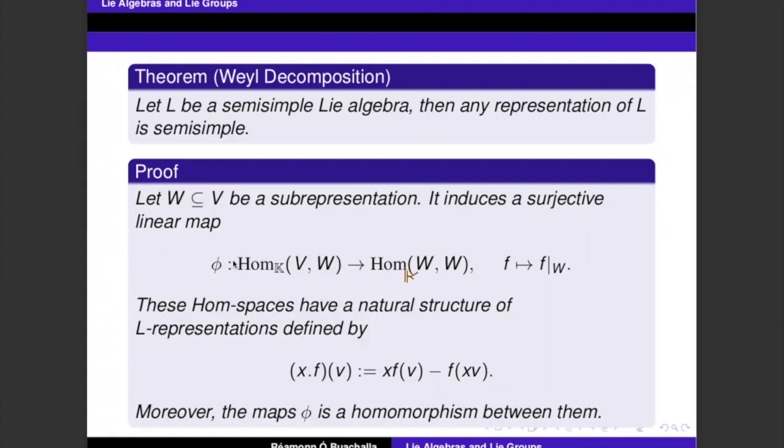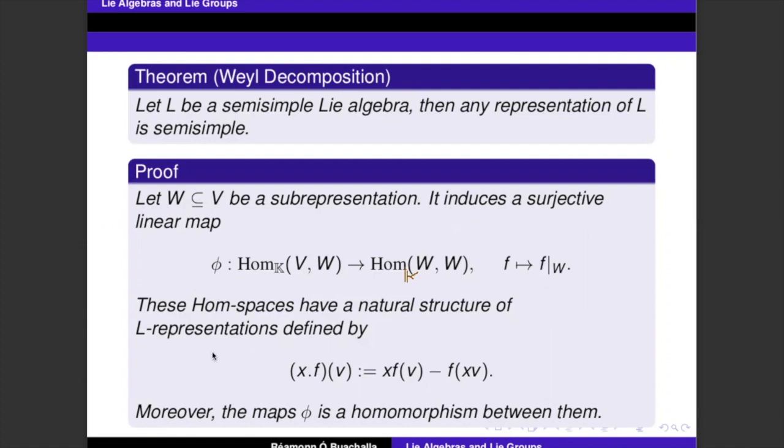Now, these maps are homomorphisms of vector spaces. So far this construction sees nothing of the L-module structure of V and W. But we can actually use the L-module structure of V and W to give these things the structure of L representations.